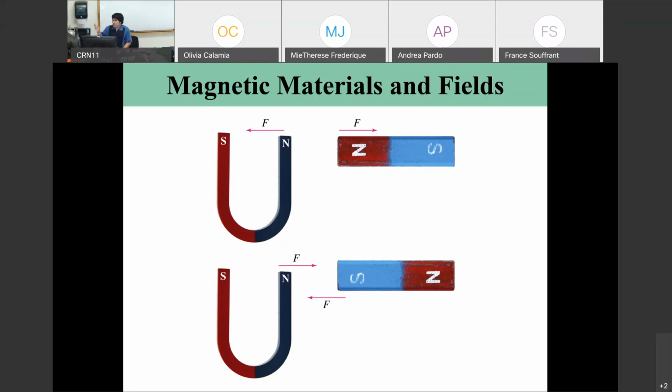You will have each piece with its own north and south pole. And that's actually very interesting, because that means that wherever we go, when we investigate magnets and magnetism, it will always come in pairs.